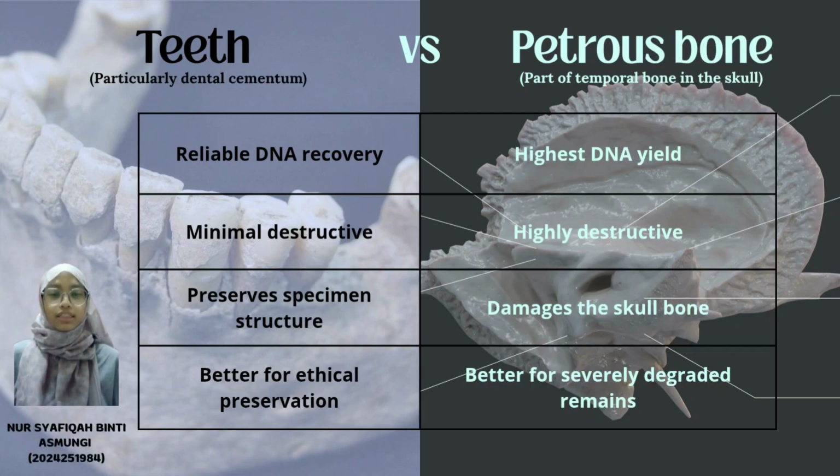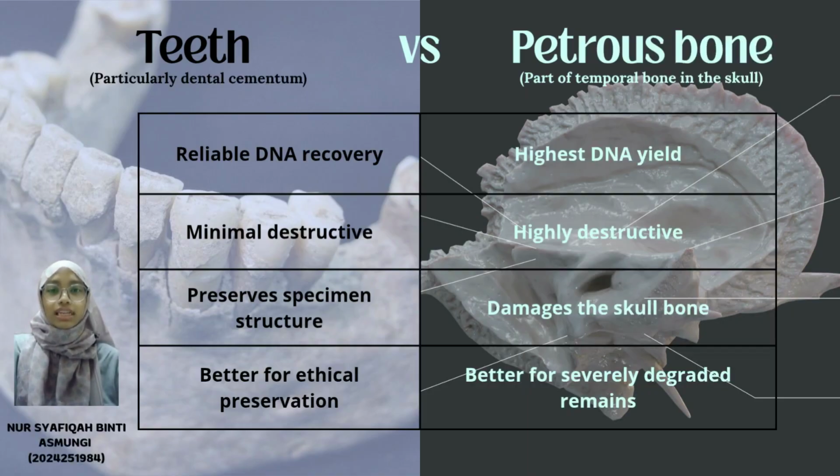Now I will briefly discuss the comparison between teeth and petrous bone as DNA sources for human identification. The journal explains that petrous bone, which is part of the temporal bone in the skull, is considered the best for highest DNA recovery because its dense structure protects DNA very well. However, extracting DNA from petrous bone is highly destructive as it damages the structure of the skull bone.